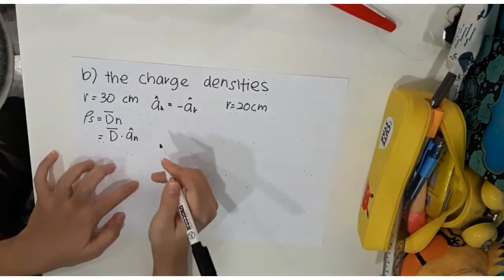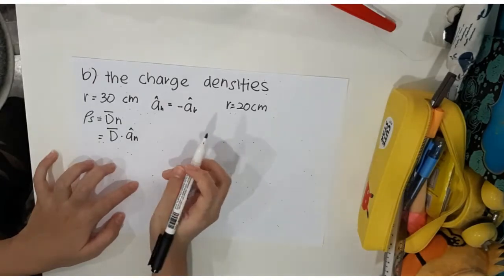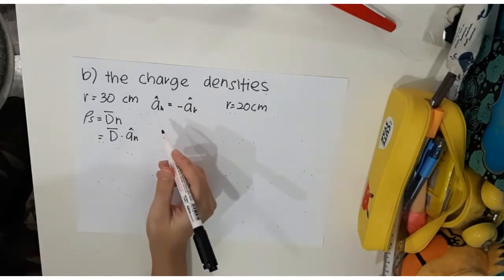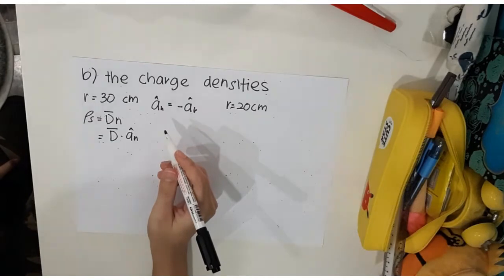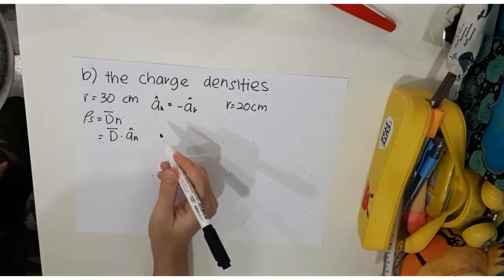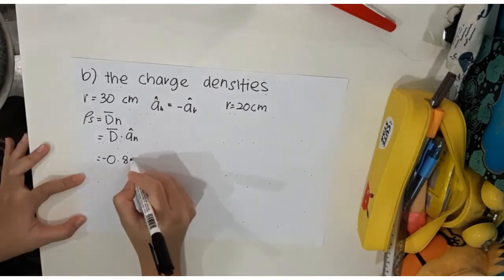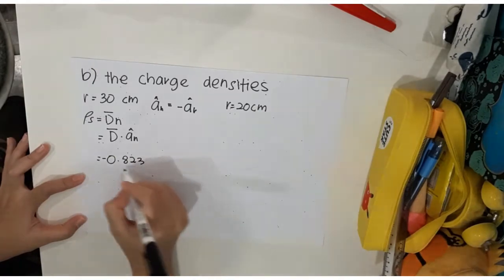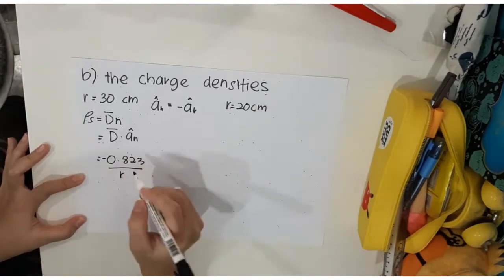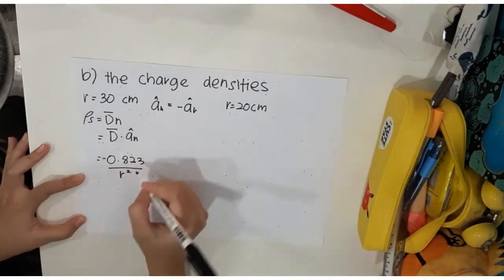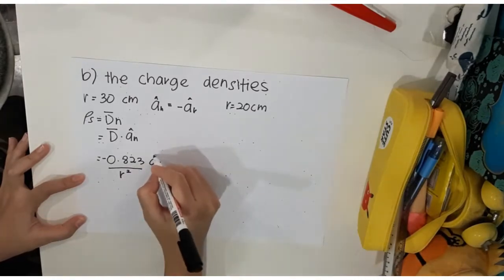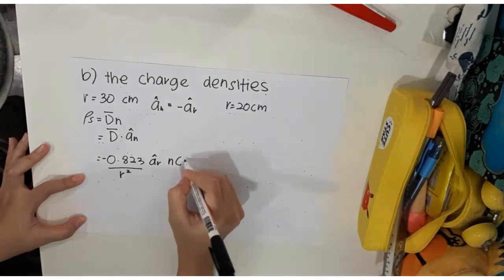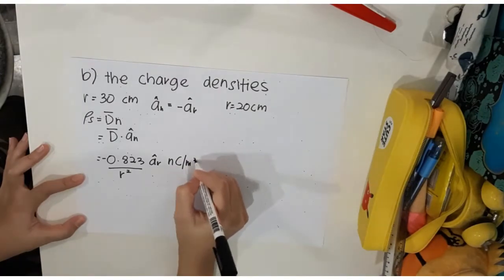From the previous equation, we know the answer for D is negative 0.823 over R squared a_R. So negative 0.823 over R squared a_R nano coulomb per meter squared.